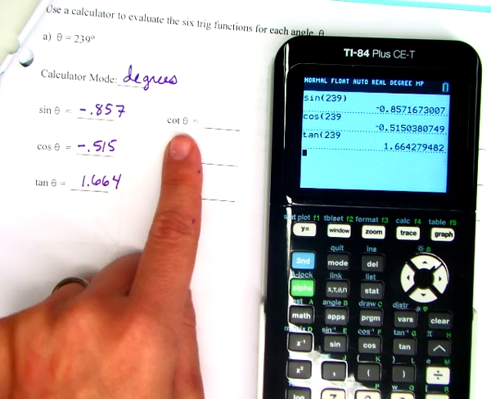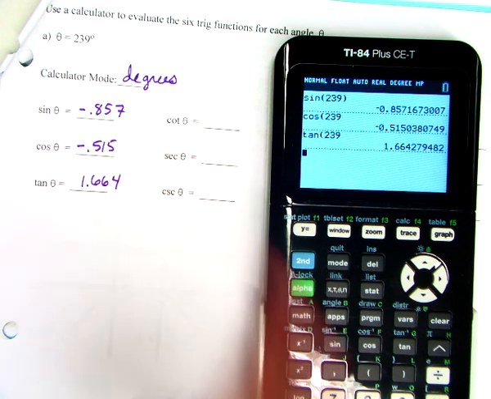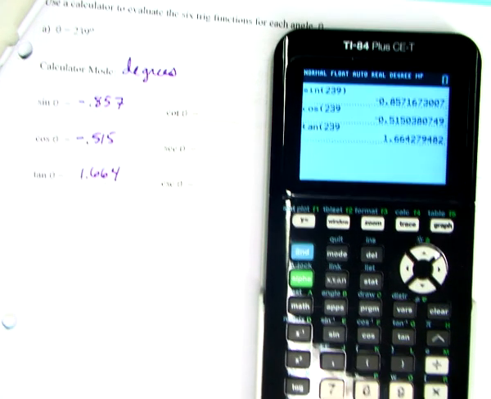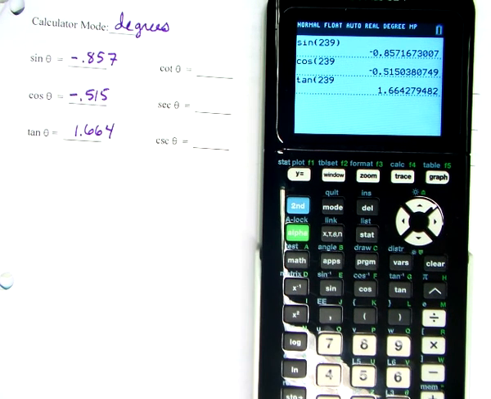All right, the next one says cotangent. And uh-oh, there is no cotangent button. What some people think, which is not true, is that I can just get this tan to the negative 1, the inverse of tangent, so I can just hit second tan, and that'll give me cotangent. Not the same. This is the inverse of the tangent function, which we'll use later when we're trying to find the angle measure.